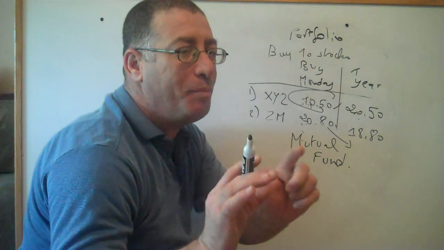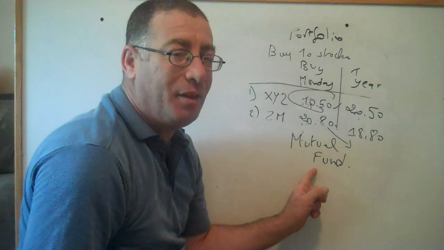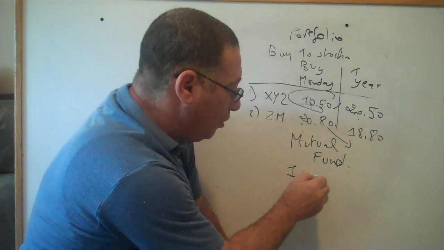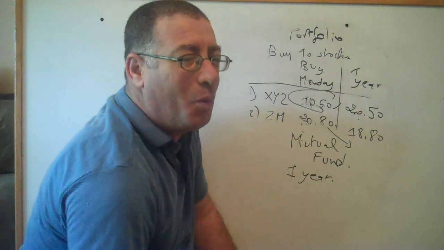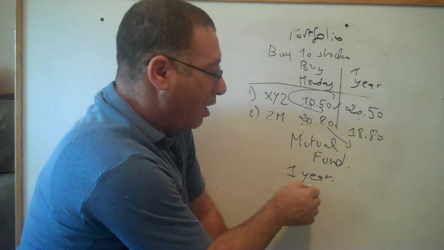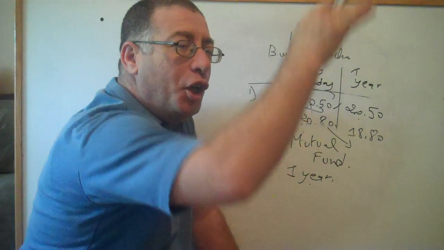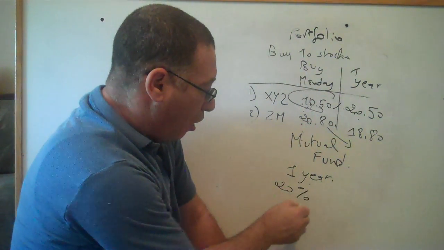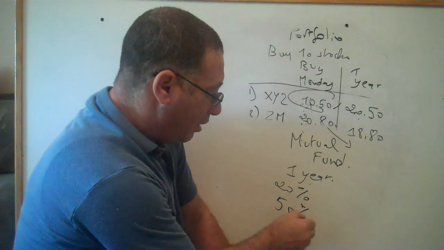You try to make your own mutual fund, and you should wait 1 year. You don't sell very quick. And usually here, if you have 1 year, for the stop loss, it should be like 20% or 50%.